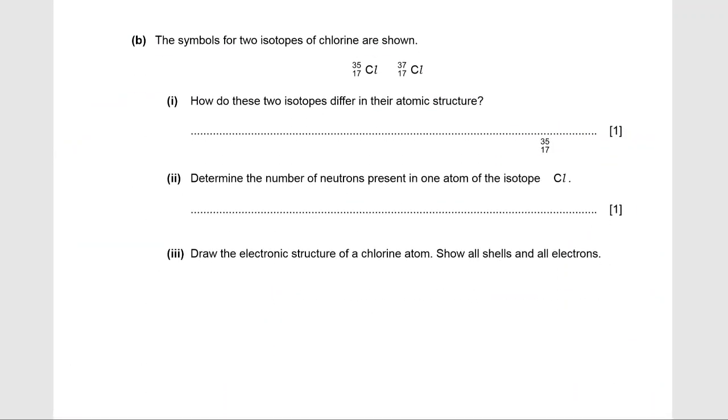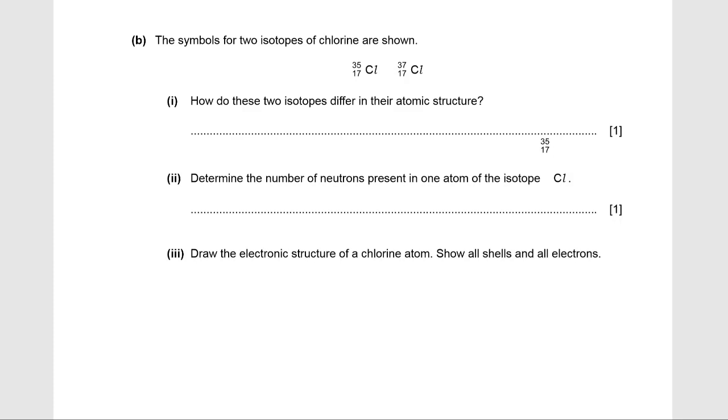Next question, which is about isotopes, proton and electron numbers, neutron numbers. The symbols for 2 isotopes of chlorine are shown. Both of them have 17 protons, and the nucleon numbers are different, 35 and the other one is 37. Now, how do these 2 isotopes differ in their atomic structure?